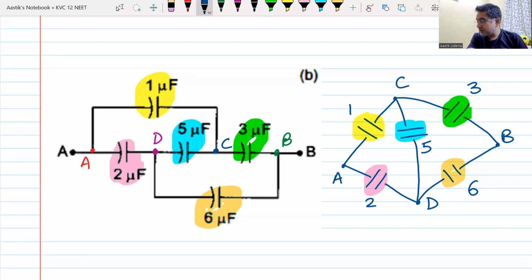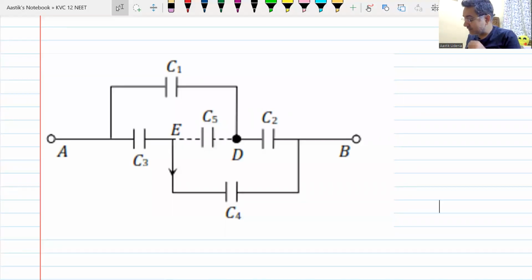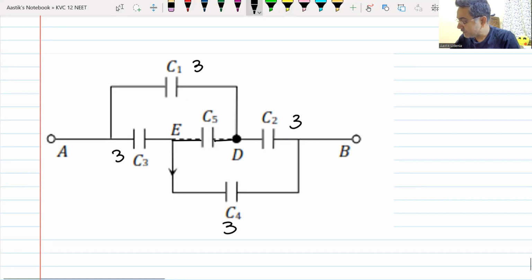Yes, sir. Then a quick one for you. Look at this and tell me the answer. This is 3, this is 3, this is 3, and this is 3, and this one is 5 microfarad.